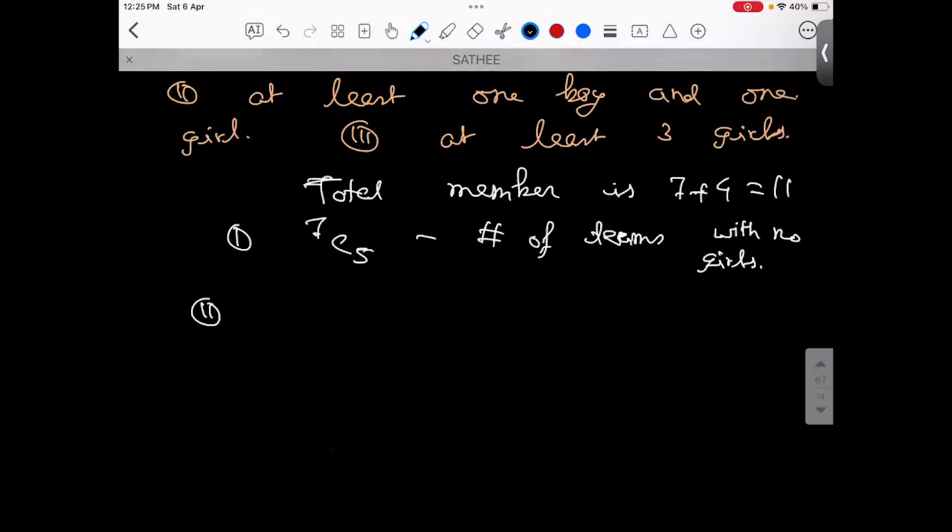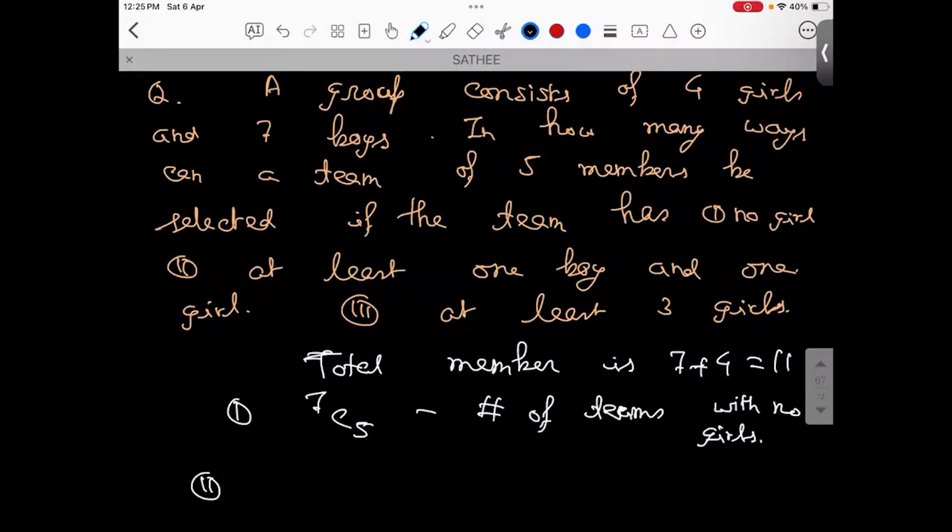Now come to the second case. They are saying that at least 1 boy and 1 girl. Fine. So there are 5 members in this team. Now there are some sub cases. How? So at least 1 boy and 1 girl.